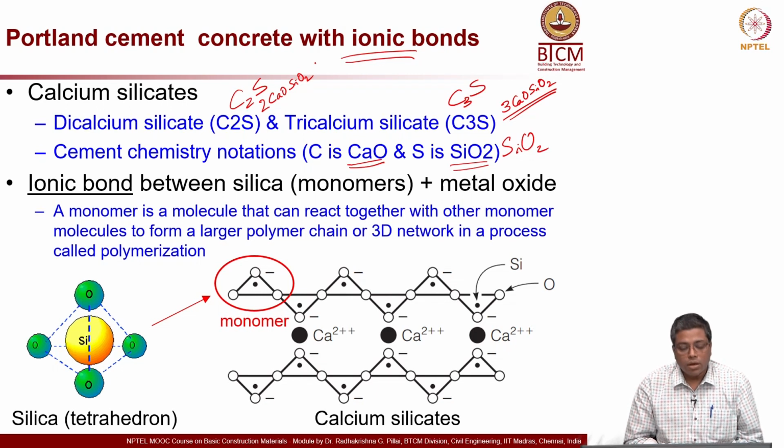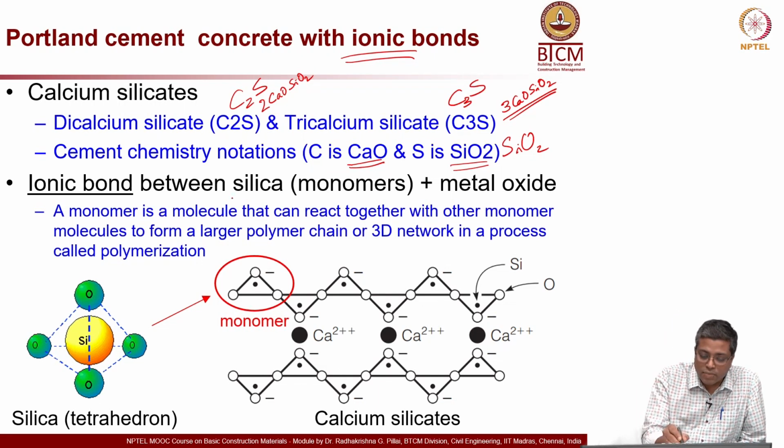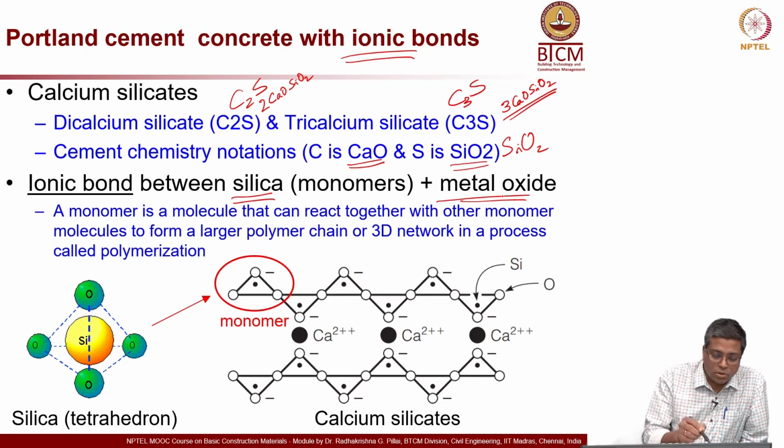Now, in this an ionic bond is formed between the silica and the metal oxide. So, let us look at what is the role of silica and metal oxide here.